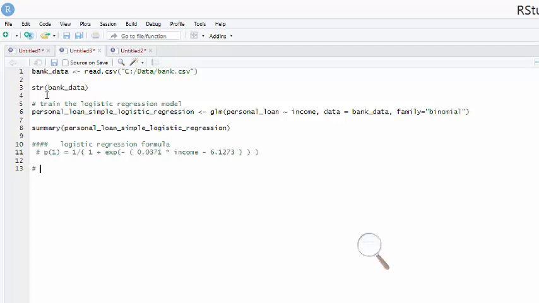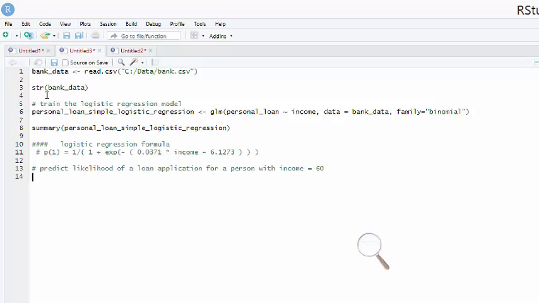Let me put a comment here: predict likelihood of agreeing to a loan application for a person with income equal 60, that's thousands of dollars, because all numbers are in thousands of dollars in our sample.